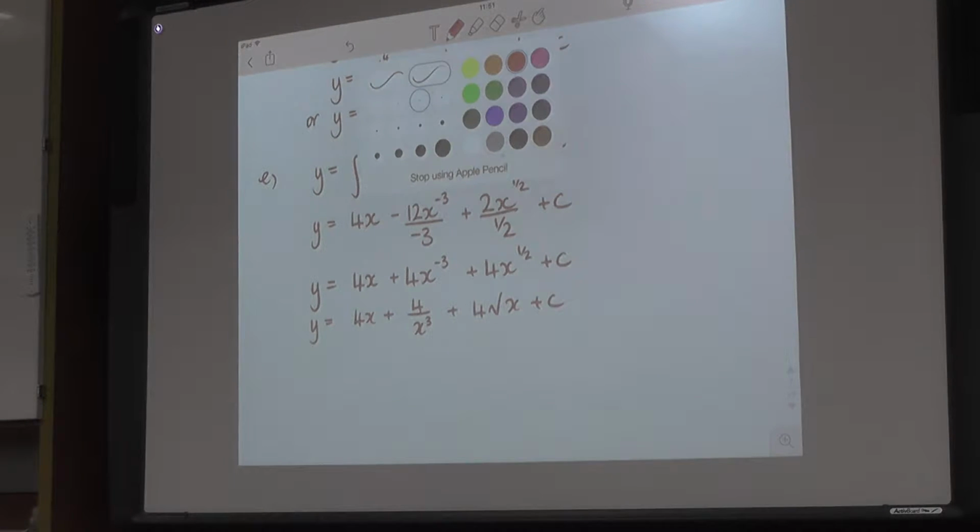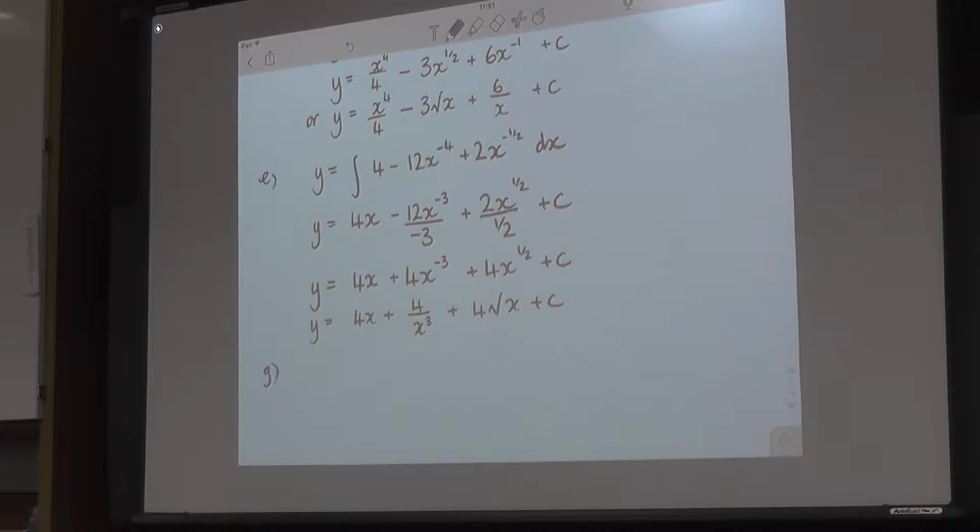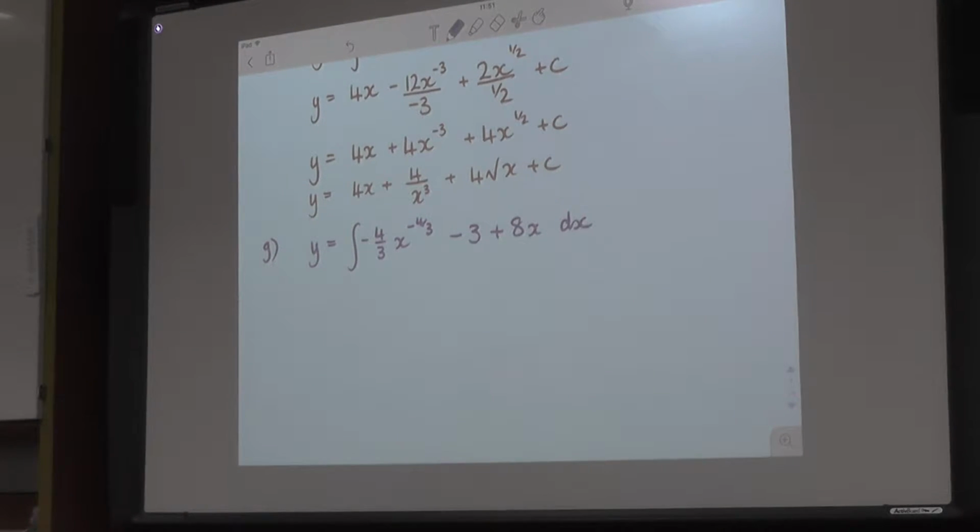And then moving on to part G. So we're just working down the first column. Please let me know if I've made a mistake.